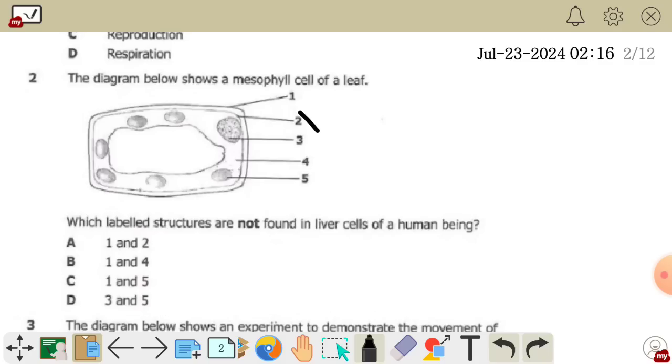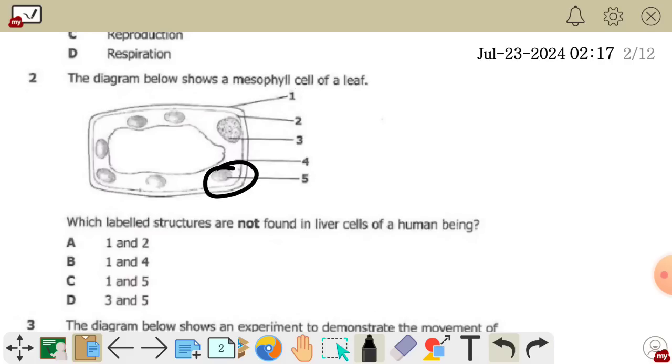In this diagram, the labeled structure 1 is the cell wall, which is the outer part of the cell. Number 2 is the cell membrane, number 3 is the nucleus, number 4 is the cytoplasm, and number 5 is the chlorophyll. The cell wall and chlorophyll are only found in plant cells.